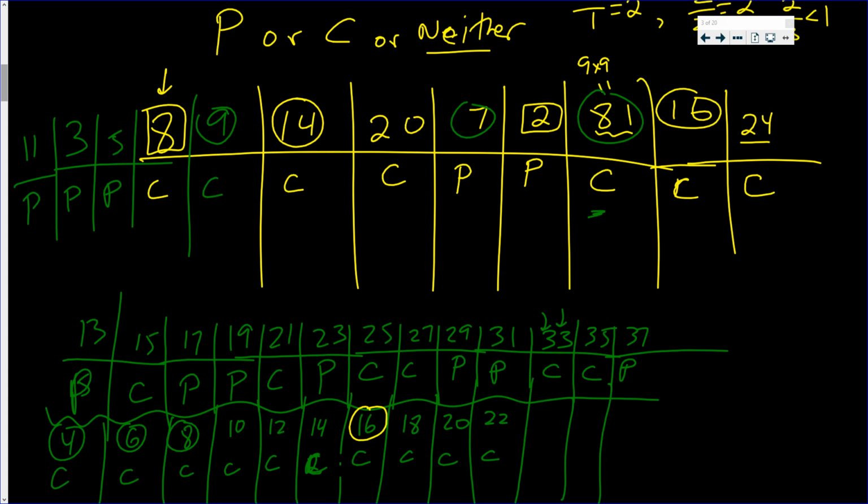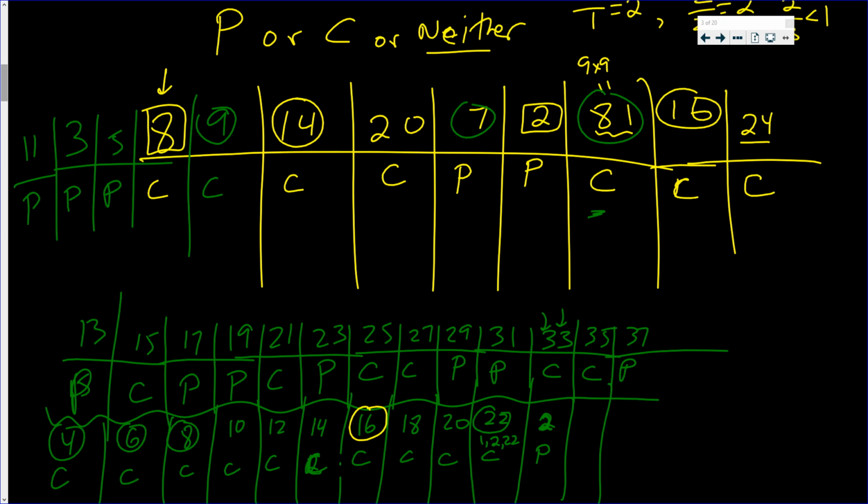2 goes into all even numbers, including the number 2. The issue with 2 is 1 and 2 go into it. You can't tell me anything else. So it's prime. When it comes to this even number, 1 goes into it, 2 goes into it, but 22 goes into it.